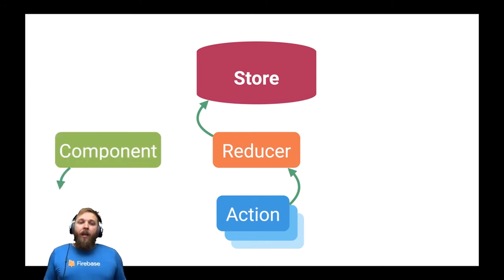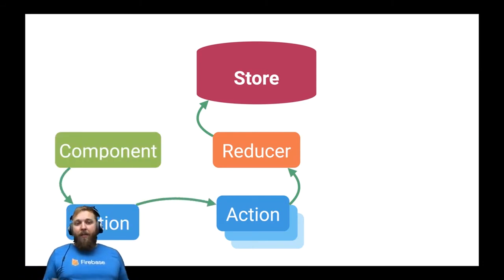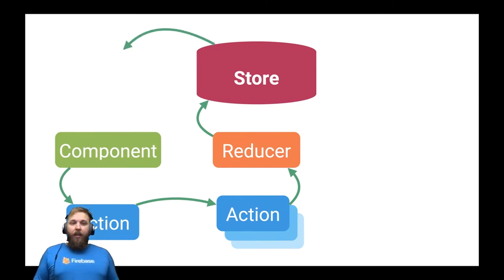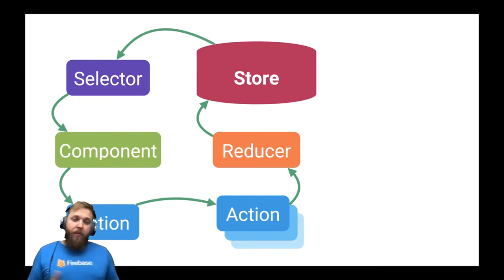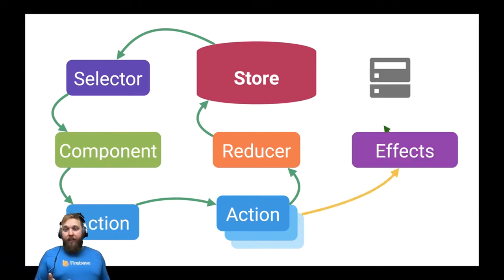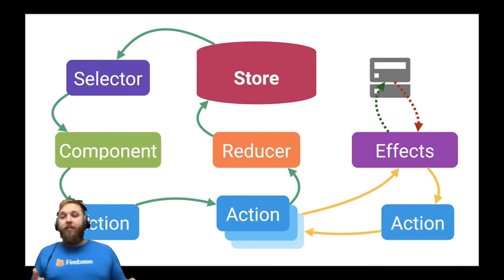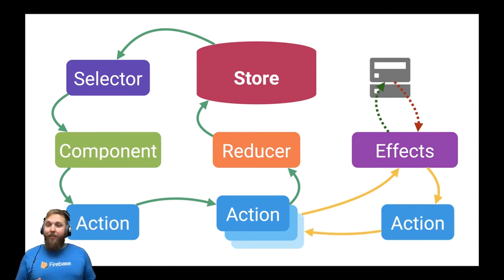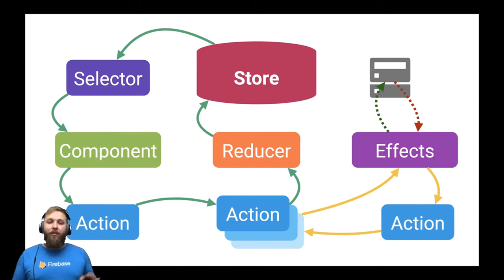In order to change that, components dispatch those actions, and we listen to the state through selectors. But then when we dispatch the action, there are other things listening, those effects. They go to the backend, for example, and retrieve the data that turns into new actions, which can further go into the reducer or other effects. So this is basically how the global store works, all this loop.